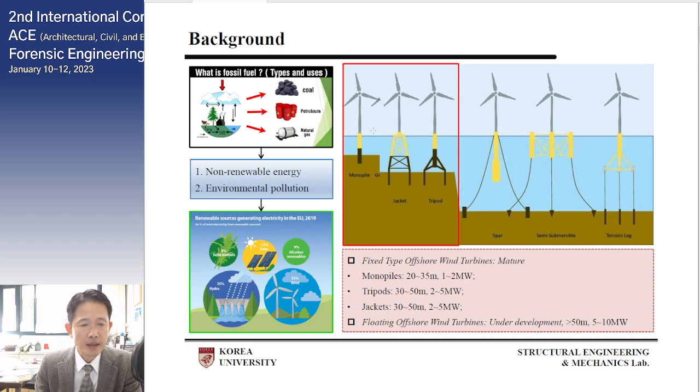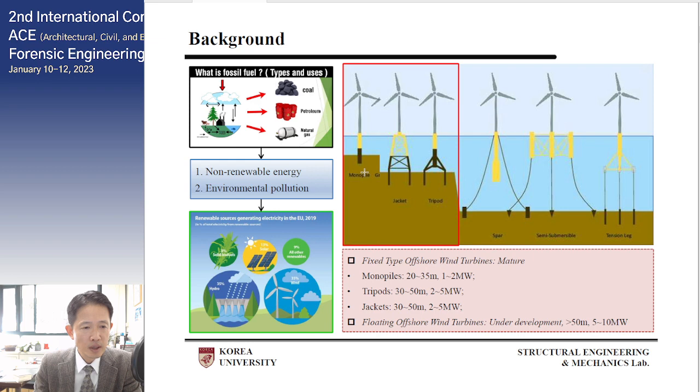Depending on the depth of seawater, we can consider, roughly speaking, two different types of substructures. The first category is the fixed supported ones, and the second one is the floating types. Although we are doing research on both types, today we'd like to talk about the fixed type substructures installed in shallow sea depths.